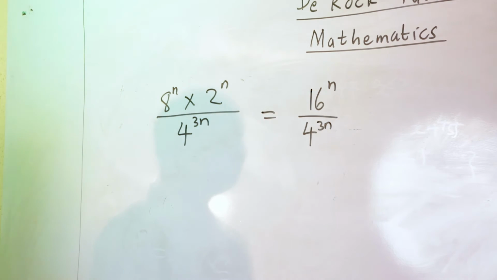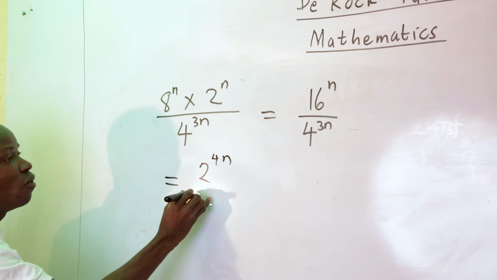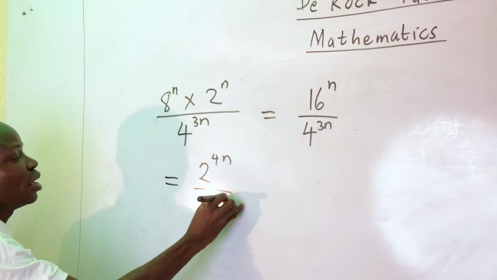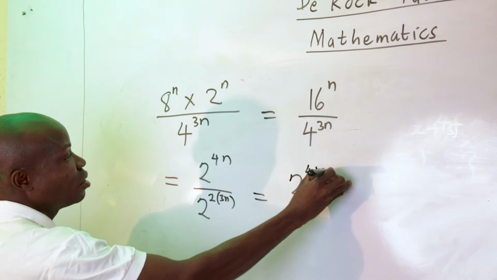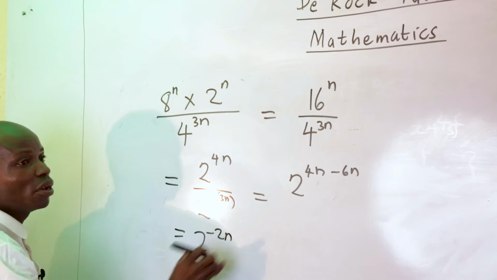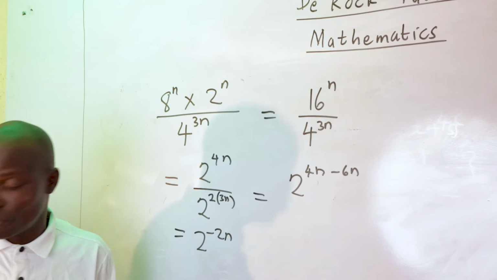And expressing the two numbers as powers of 2, we have 2 raised to power 4n over 2 raised to power 2 into 3n. That gives us 2 raised to power 4n minus 6n, and the result gives 2 raised to power minus 2n, which makes the correct answer among the options in number 9 to be option A.